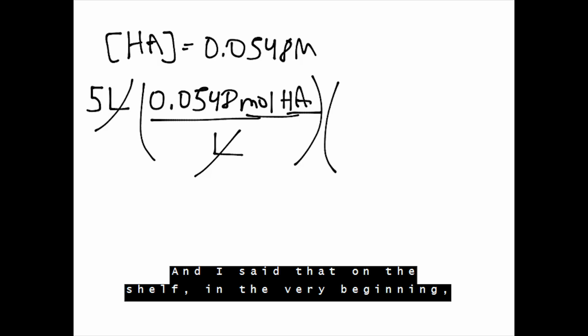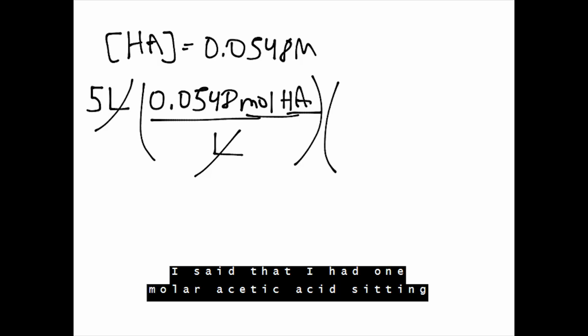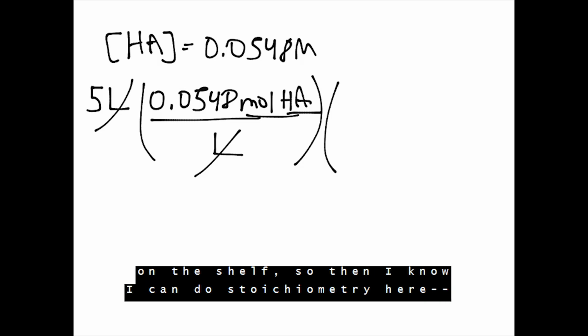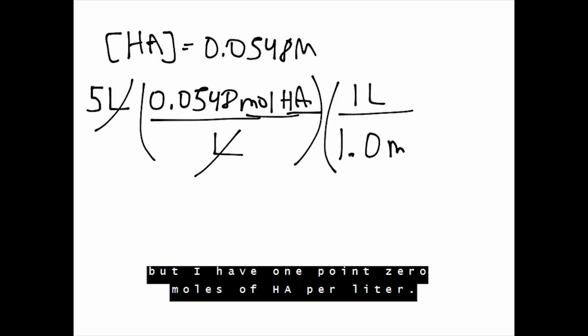And I said in the very beginning, in the problem statement, that I had 1 molar acetic acid sitting on the shelf. So I can do dimensional analysis here, that I have 1.0 moles of HA per liter.